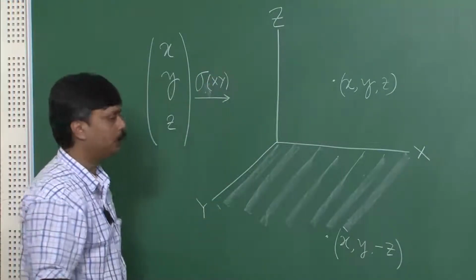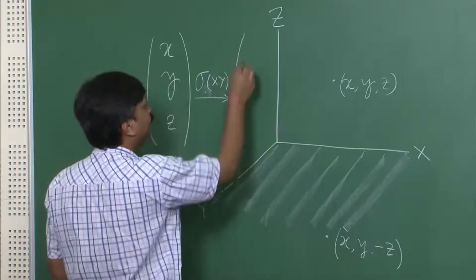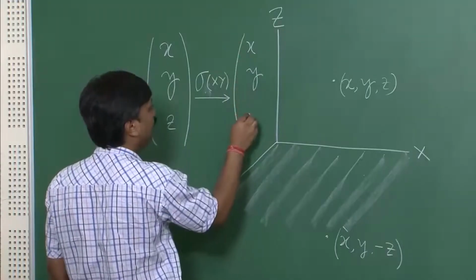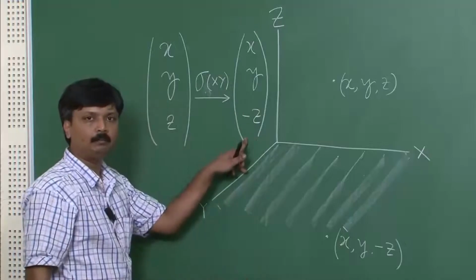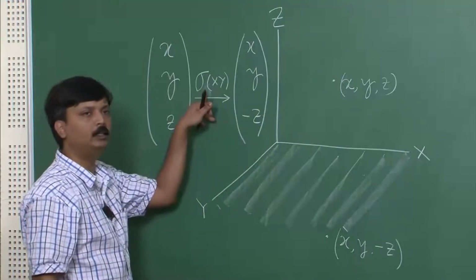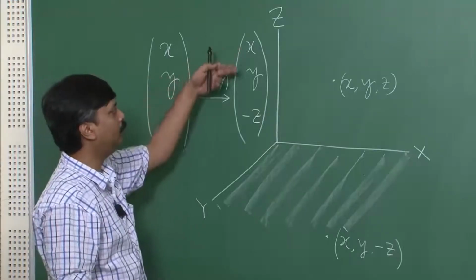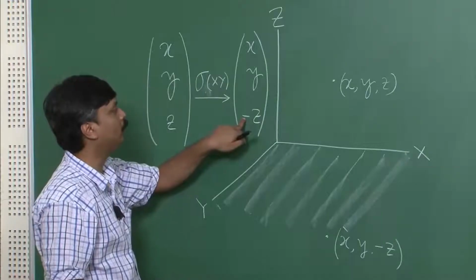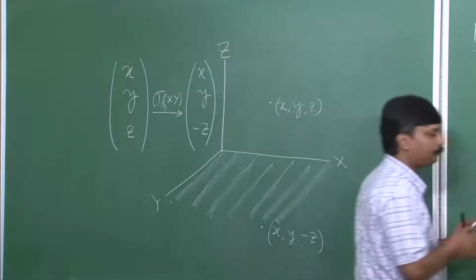If I operate on this one, what is happening? x and y remain the same and z is becoming negative. So you have x, y and minus z. This is my final column vector after I operate sigma xy on this column vector. It is only the sign which is changing for one of the elements of this column vector, the rest of them remain completely unchanged.